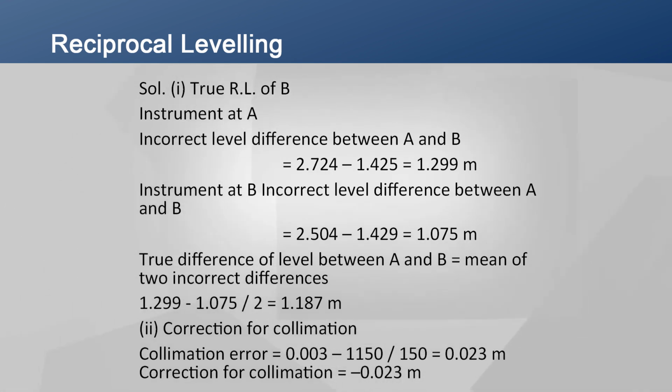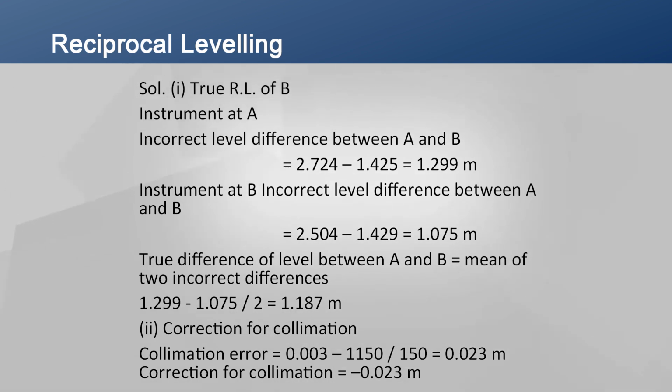Firstly, when the instrument is at A, the incorrect level difference between A and B will be equal to 2.724 minus 1.425, as discussed in the previous question also. It will result in 1.299 meters. When the instrument is at B, the incorrect level difference between A and B will be equal to the staff reading of B minus the staff reading at A, that is 2.504 minus 1.429, which will result in 1.075 meters.